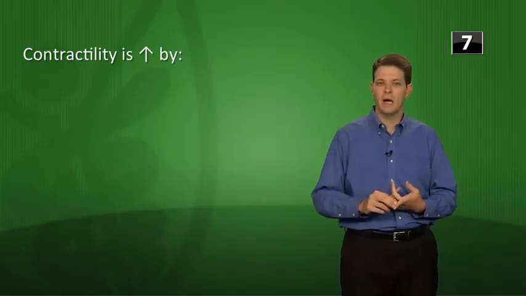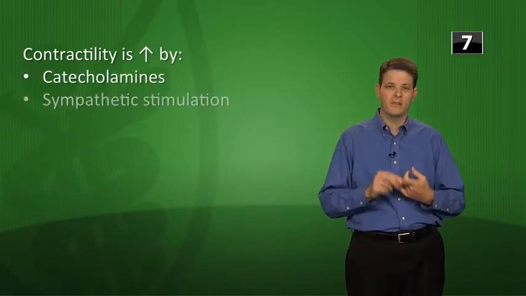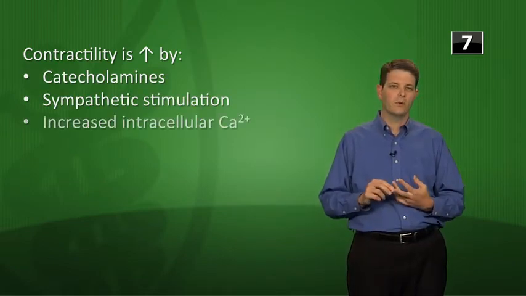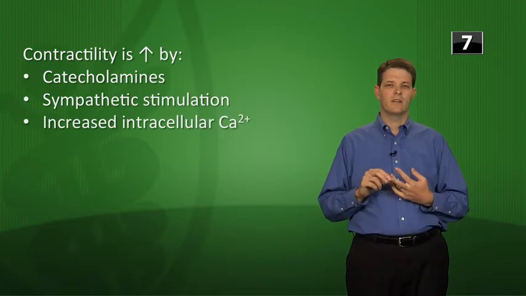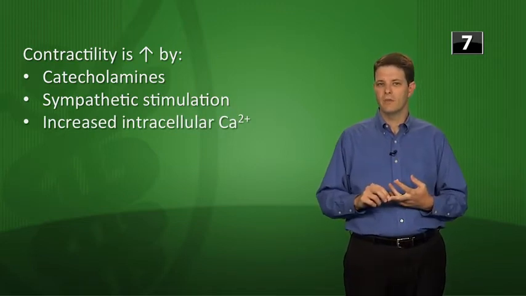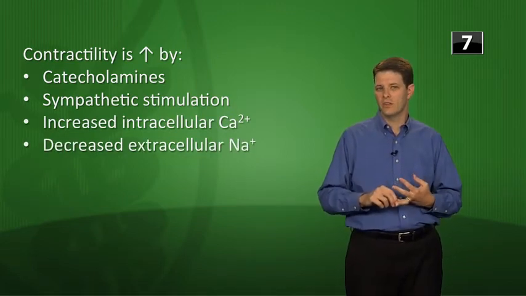Next, if stroke volume determines cardiac output and contractility determines stroke volume, what determines contractility? So there are actually a lot of different factors that influence contractility. Contractility can be increased by catecholamines and also by sympathetic stimulation. You can also increase contractility by increasing intracellular calcium and also decreased extracellular sodium.